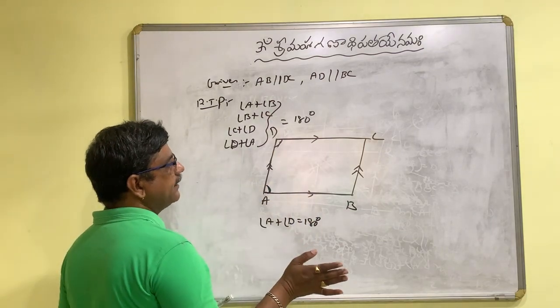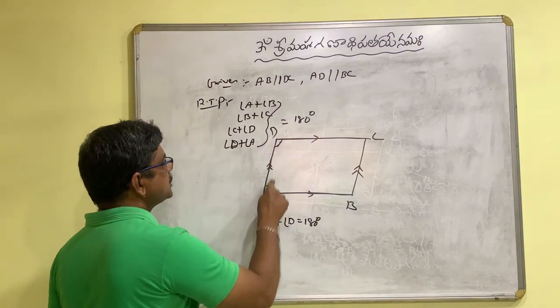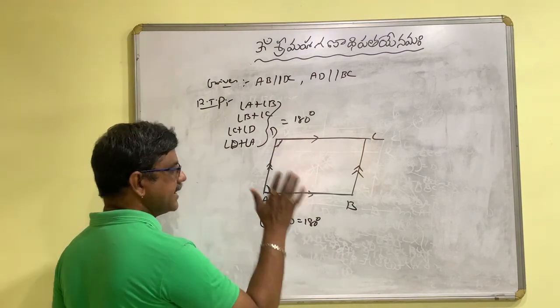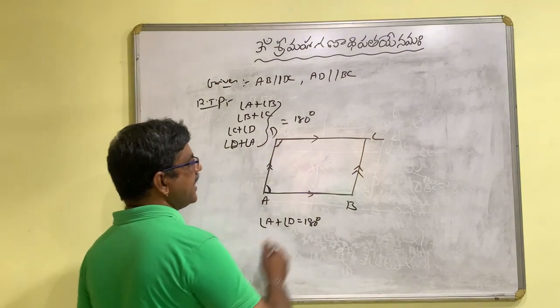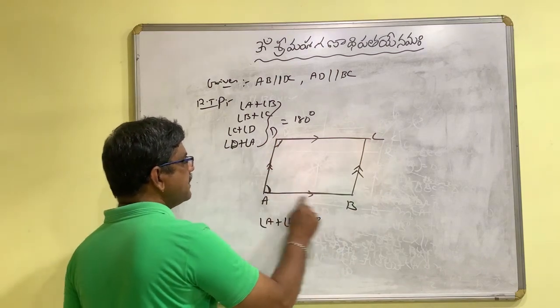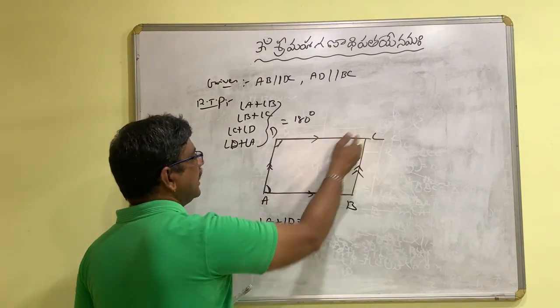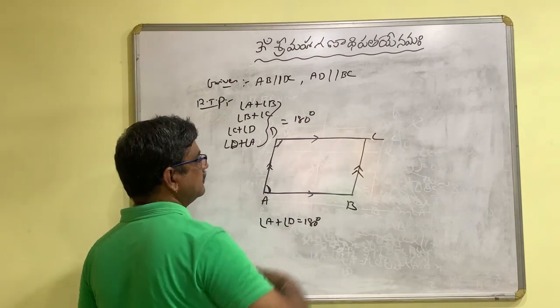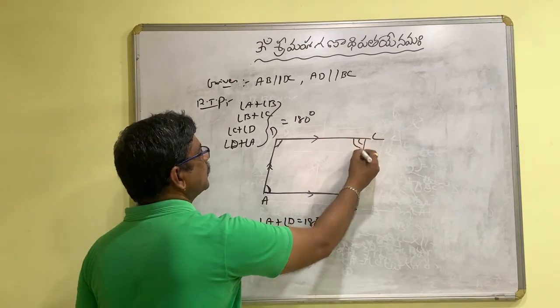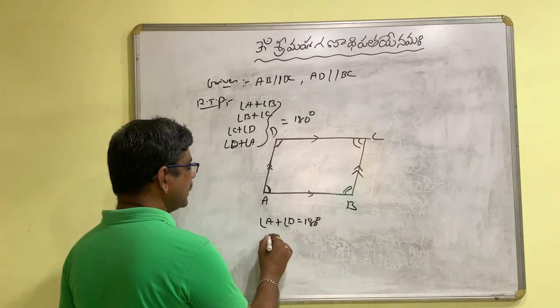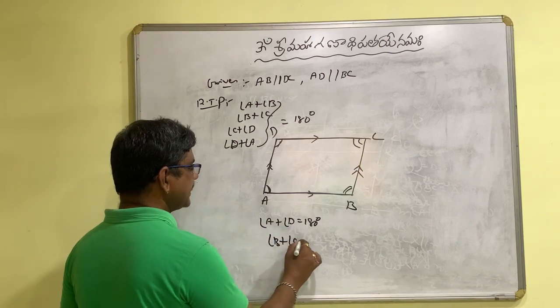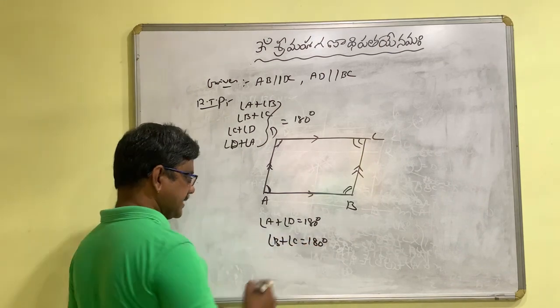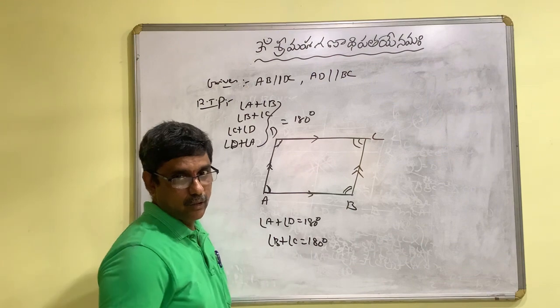In the same way, AB and DC are parallel and BC is a transversal. Then according to Euclid's fifth postulate, angle B plus angle C is 180. This is what you have to observe.